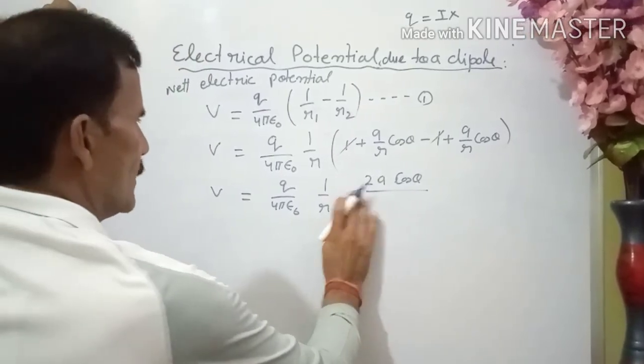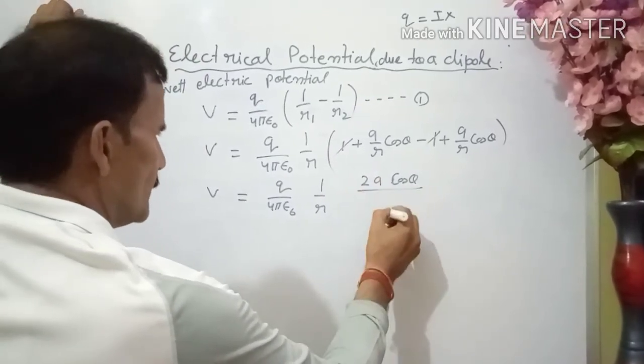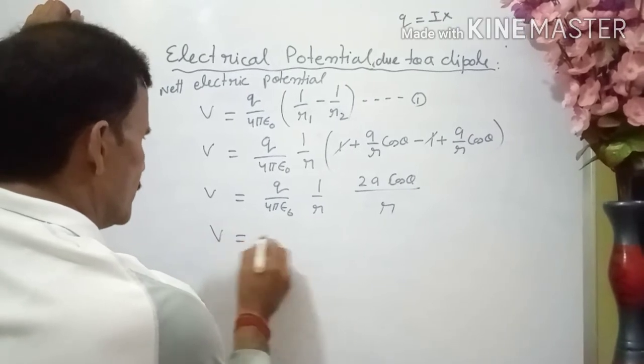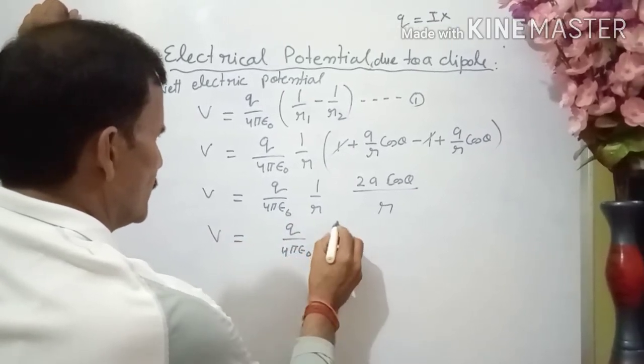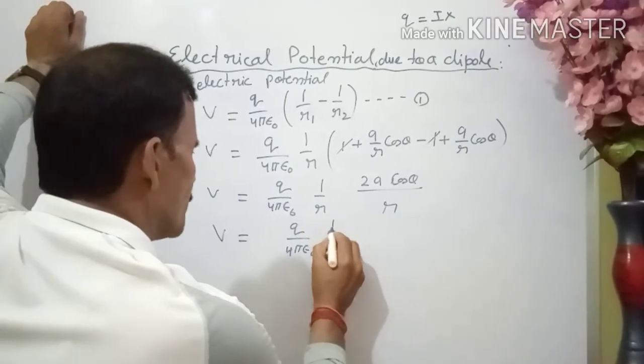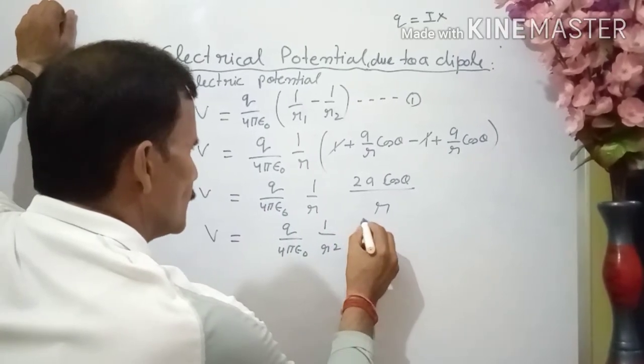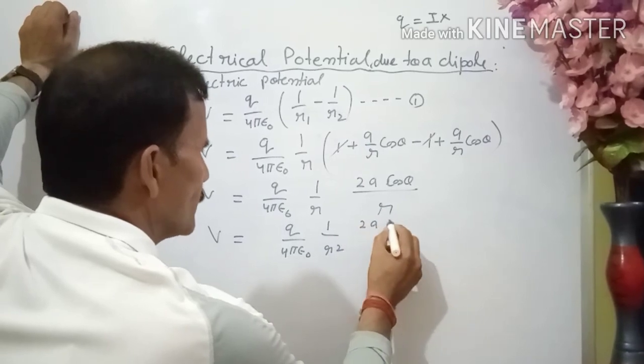So better you can write it like this: Q upon 4 pi epsilon naught, 1 upon r square into 2a cos theta.